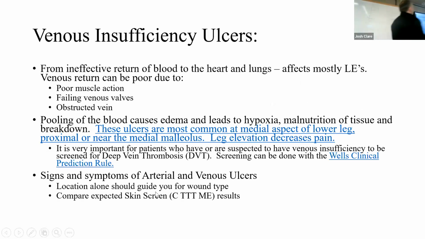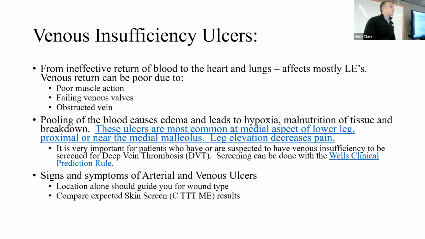Venous insufficiency now: what is pooling? Typically lower extremities. Why typically lower extremities? Gravity. That's it. It can also be the problem with poor muscle action, so muscle contractions help feed the blood flow back to the heart.